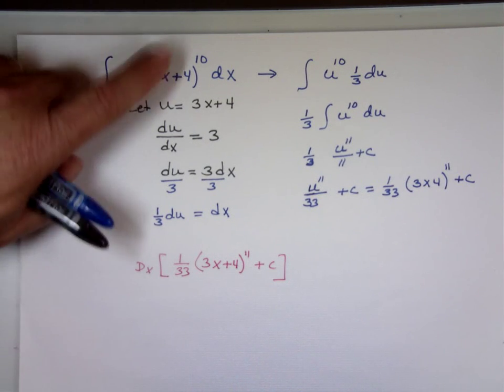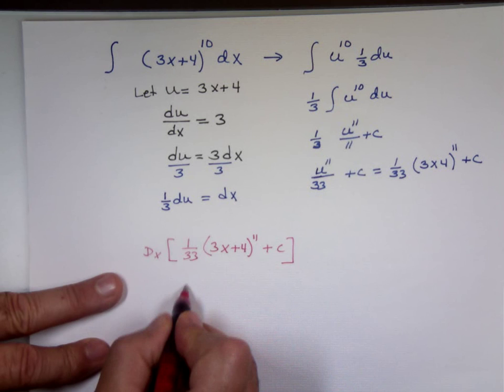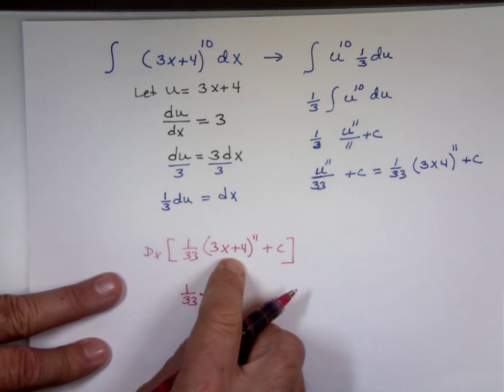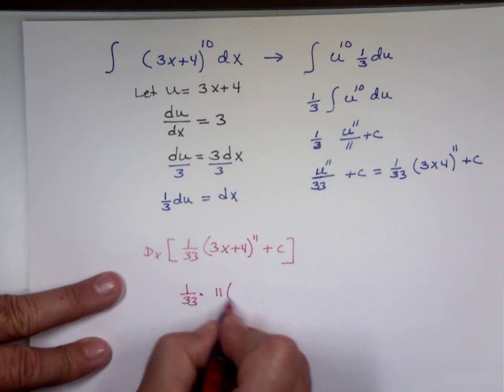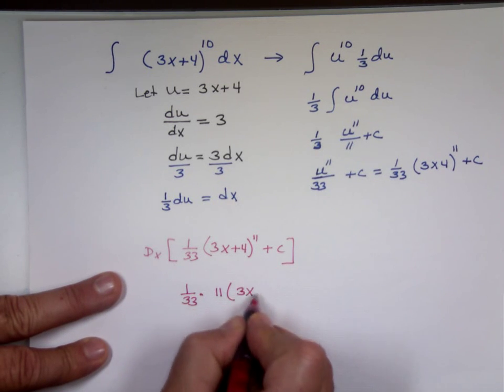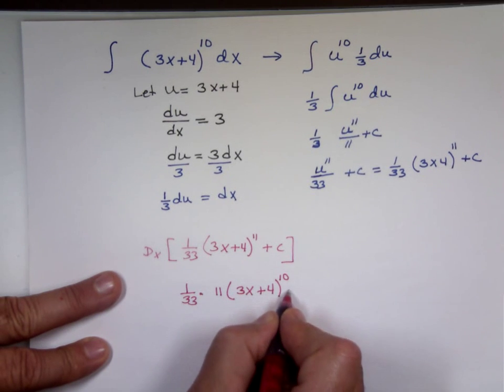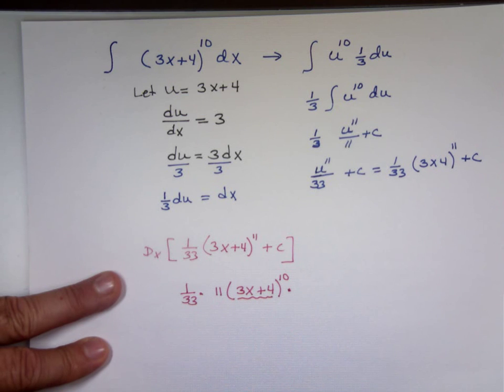There's the 1/33 in the front. The derivative of this, that's what? The extended power rule. It's 11 times 3x plus 4 to what power? 10 times the derivative of what's on the inside. What is the derivative of 3x plus 4? 3.